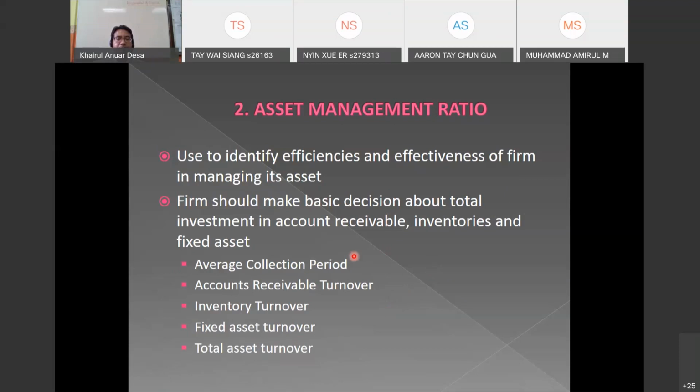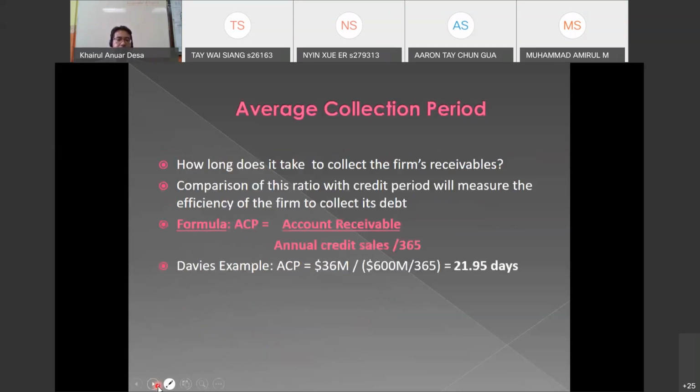Here we want to see the investment in account receivable, inventories, and also the fixed asset. Okay, kita dah lihat ACP, account receivable management here, and the result is 22 or 20 days. The company is able to collect the account receivable.